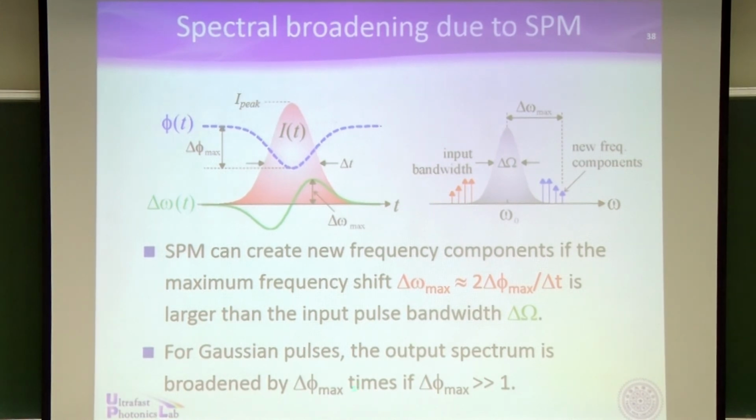So this rule of thumb applies only when your SPM is sufficiently strong. Delta phi max is much greater than 1. Then this rule of thumb basically applies. But remember, it depends on your input pulse shape. Here we assume a Gaussian pulse. If you have other input pulse shapes, the rule of thumb could be different.